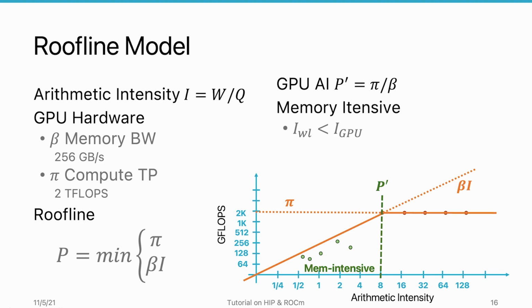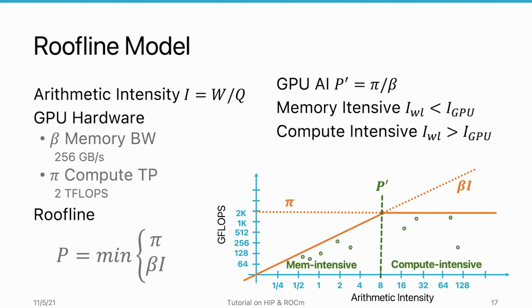We call it a memory-intensive workload. When we say memory-intensive workload, that means if we increase the memory bandwidth of that GPU, the application will improve performance. But if we improve the compute throughput, the performance of the workload will not change much. For other workloads on the right side of this I prime line, their arithmetic intensity is larger than the GPU's arithmetic intensity, and they are compute-intensive workloads.